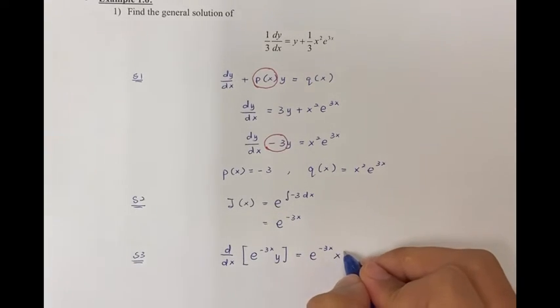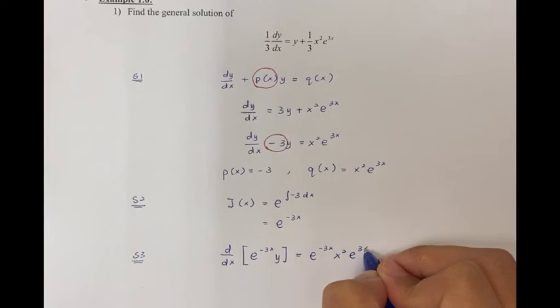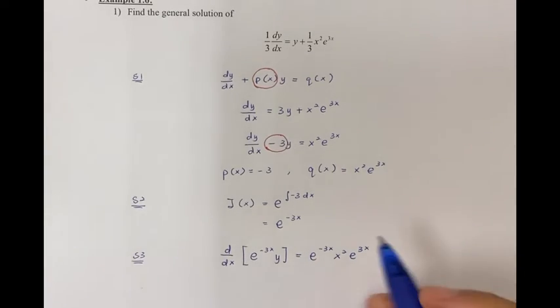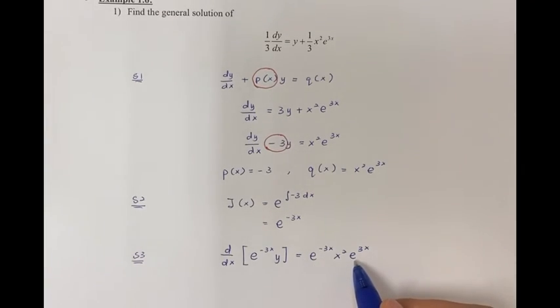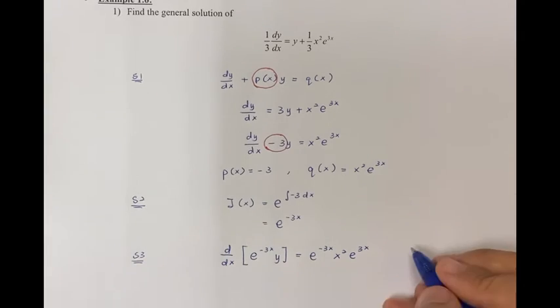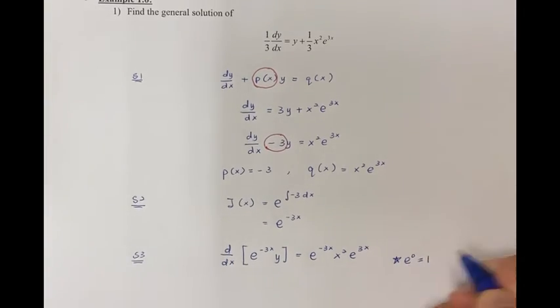So qx is x squared exponent 3x. Exponent negative 3x multiplied by exponent 3x is equal to exponent 0. And always remember exponent 0 is equal to 1. Okay, always remember this.